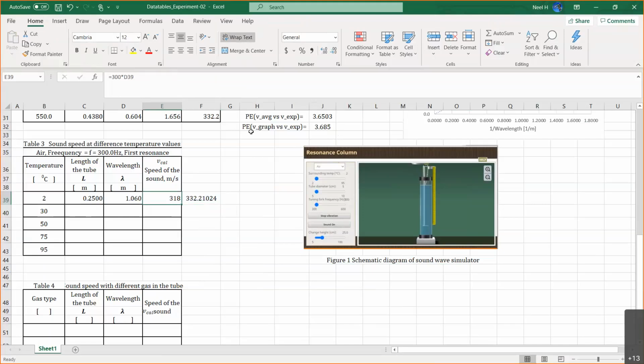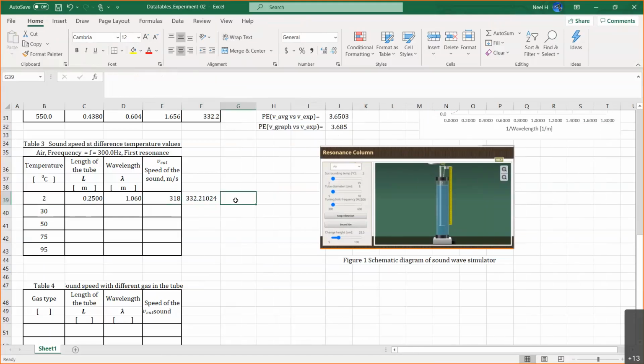That's okay. Let's do the percentage error to see how much is off. Percentage error equals ABS, parentheses, expected minus calculated, divided by expected, F39, multiplied by 100. About 4% error. Let me copy and paste those two functions here.